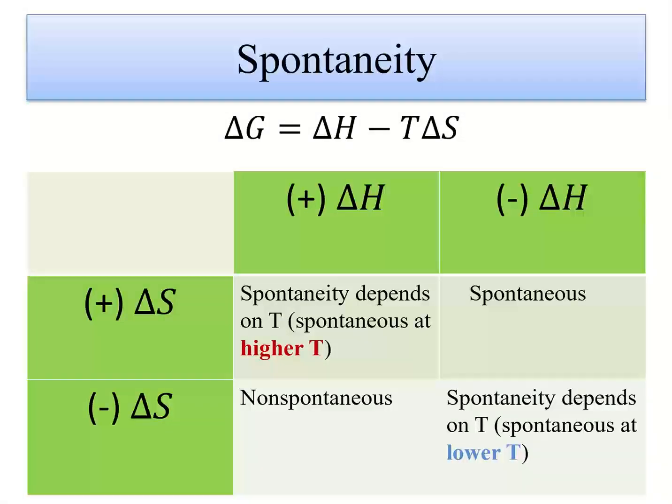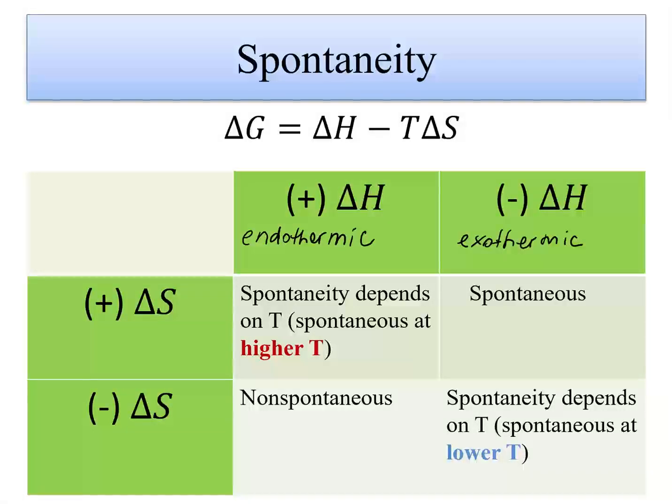So let's take a look at how heat of the reaction, the enthalpy change, and the entropy change influence the spontaneity. Let's start with the delta H. Positive sign of the delta H means that the reaction is endothermic, it requires heat. Heat is entering. Negative sign of the delta H means that the reaction is exothermic and it releases the heat into surroundings.